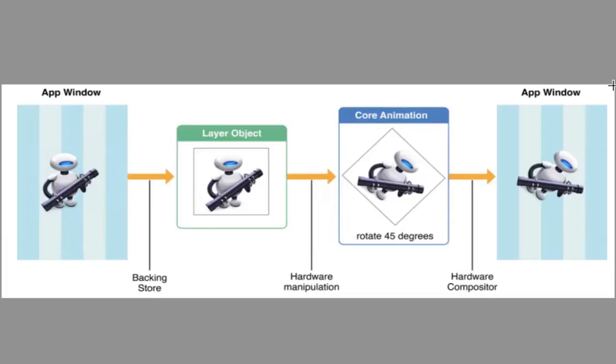NSView is where most of the drawing happens. The two ways you usually do drawing are either through NSView or through Quartz calls. If you don't really know what Quartz is, that doesn't really matter. Those were the major ways that you drew things in OS X.